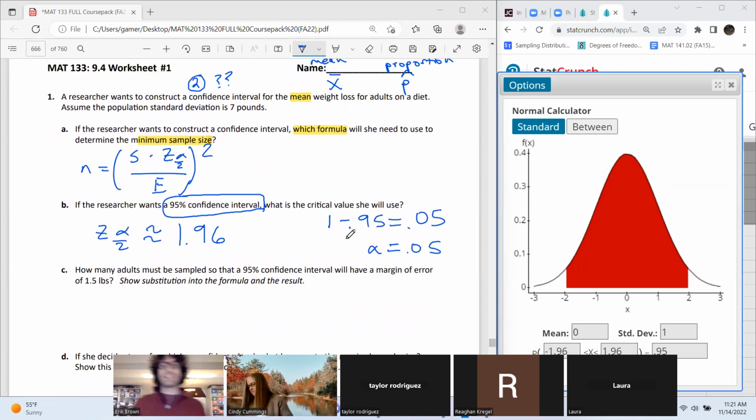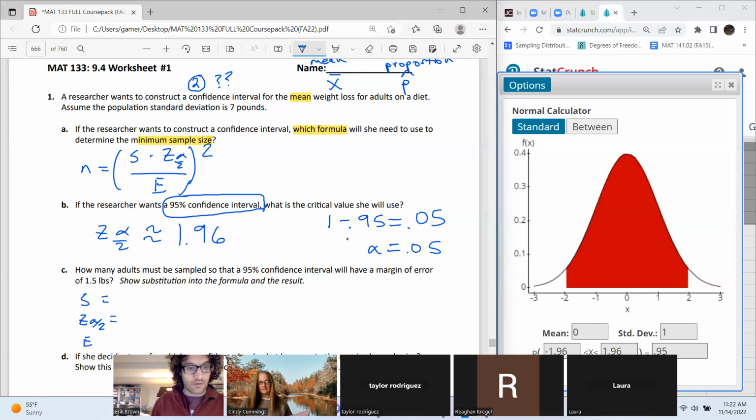What did anyone get for C? I think I got the formula, not the answer though. So in other words, you were able to figure out S. We already know Z alpha divided by 2 and E. You know what those numbers are.